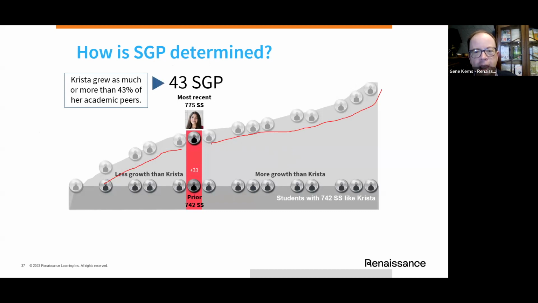She grew more than 43% of them, which means that 57% of them grew more than she did. This is basically giving you, it's not exactly a norm of growth, but it's kind of that normative reference. It's letting you know of all the kids like Krista, how much did she grow in comparison with other kids that started out at the same place?